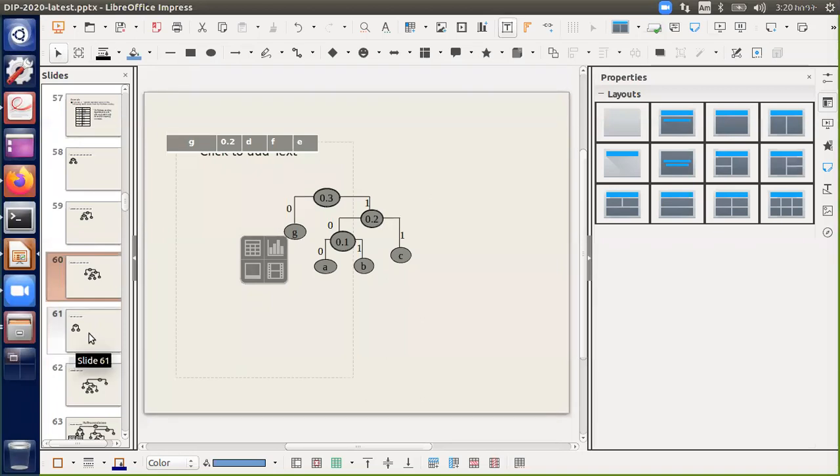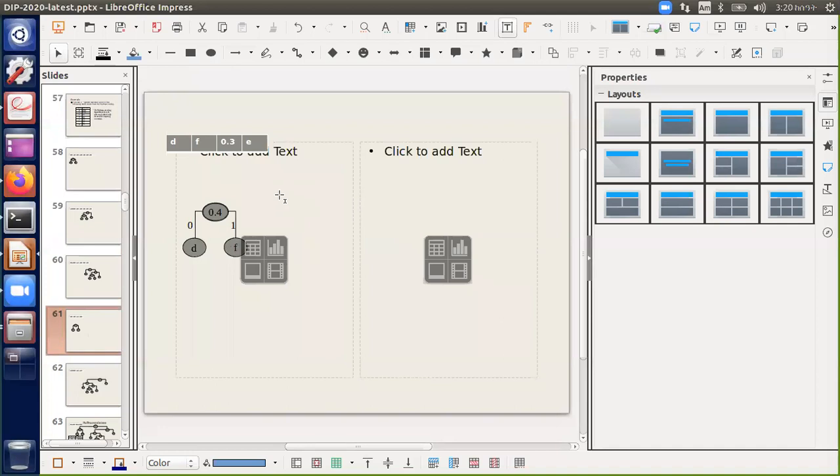Then when sorting after merging, D and F come first, followed by the 0.3 tree and E. Because D and F are with 0.2 probability, but the merged tree containing ABC has 0.3 probability, and finally E.